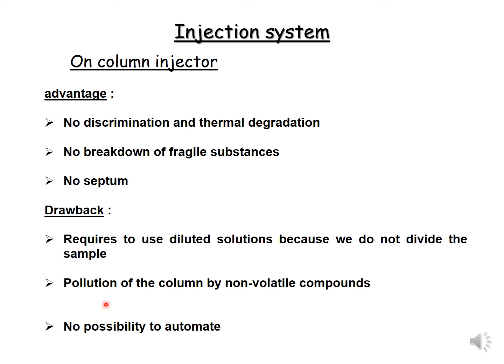We also have some pollution of the column by non-volatile compounds, because we inject directly on the column, so of course everything injected in the column can cause pollution. And there is no possibility to automate. That is of course a problem if you want to perform high throughput analysis.